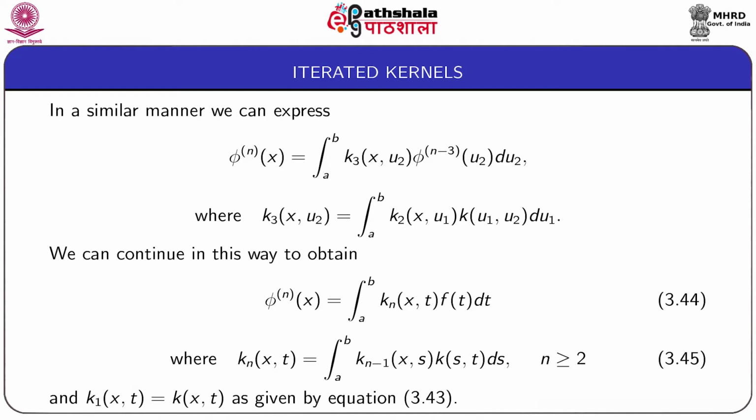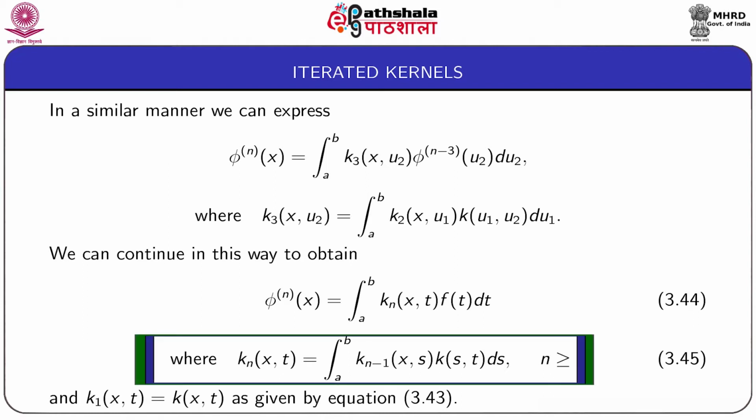Phi superscript naught t dt is ft, so that phi superscript n x is expressed as given by equation 3.44.